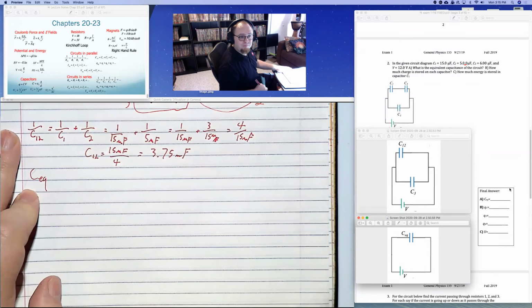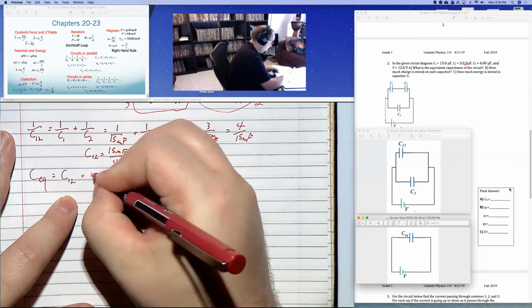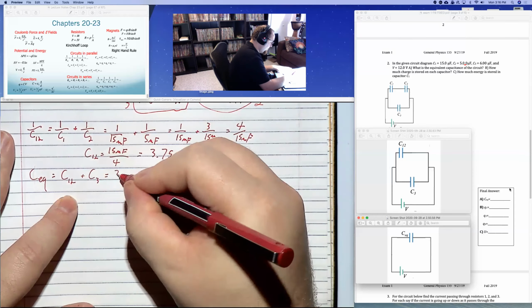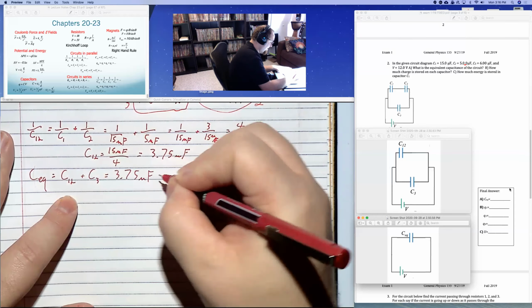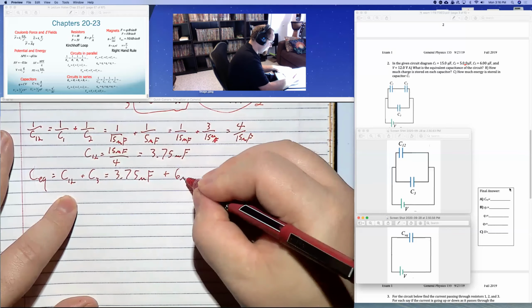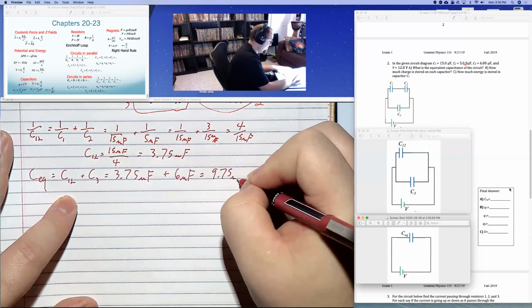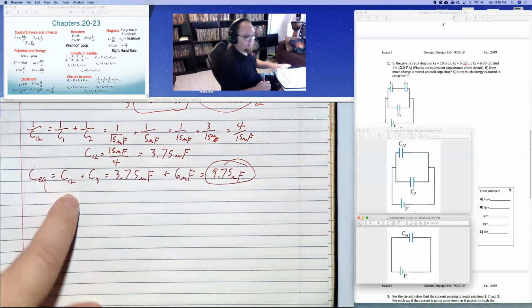Now in parallel, capacitors just add. So C equivalent is just going to be C12 plus C3, or 3.75 microfarads plus 6 microfarads, or 9.75 microfarads. And there's my answer.